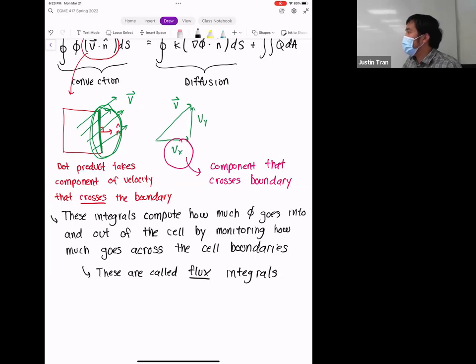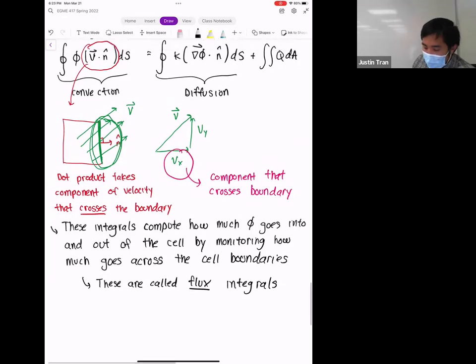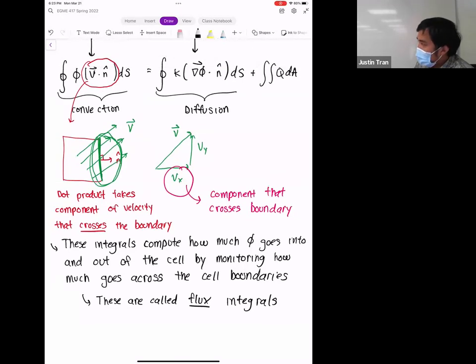Flux is a general term for how much of a substance or how much of a solution passes through a boundary. That's a key point to remember about finite volumes: they keep track of what leaves and enters each volume. Any questions on this?